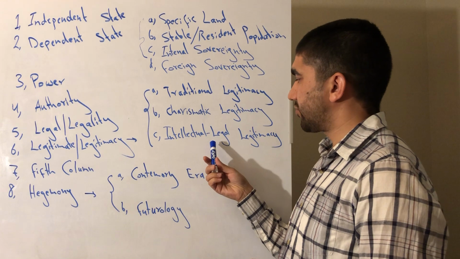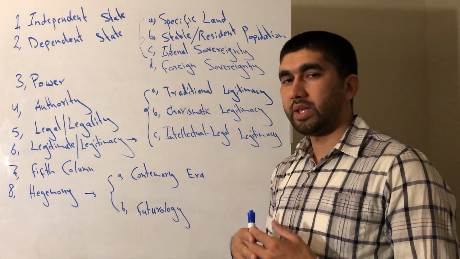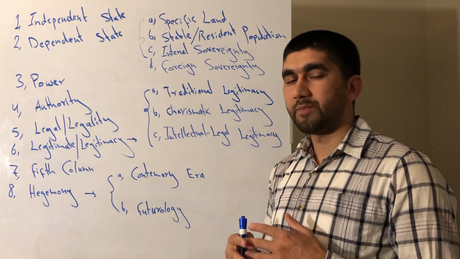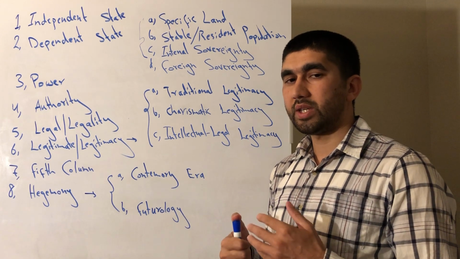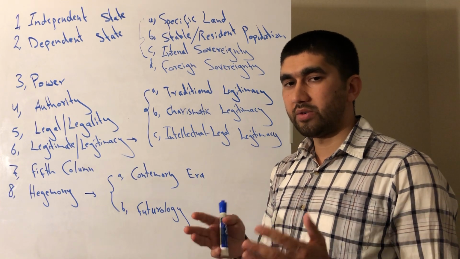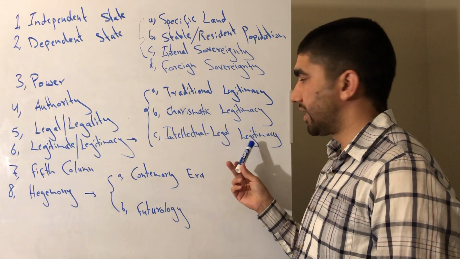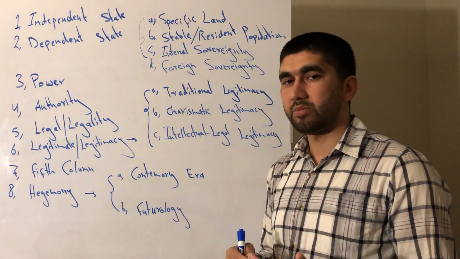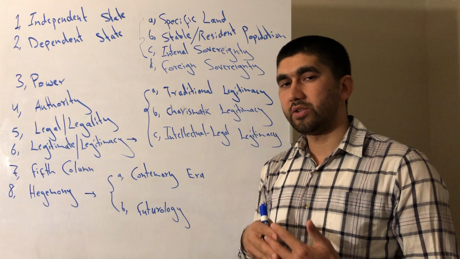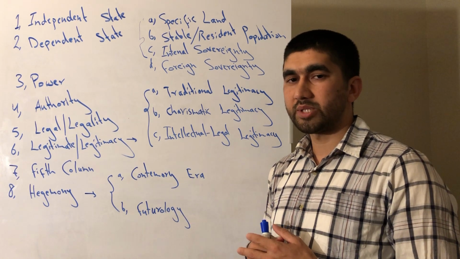Then we have intellectual and legal legitimacy, which simply means that if somebody goes through a legal process, and he or she gets selected by people through that particular process, he or she carries the intellectual legal legitimacy. Let's say somebody likes to be the president, so the first thing he or she does is to be a nominee for that position.